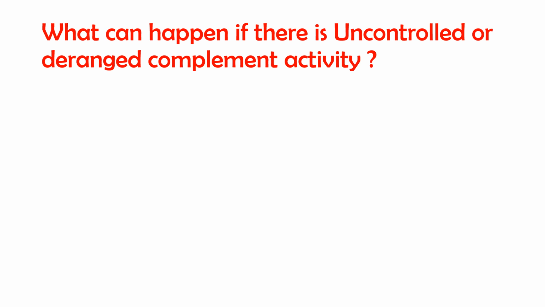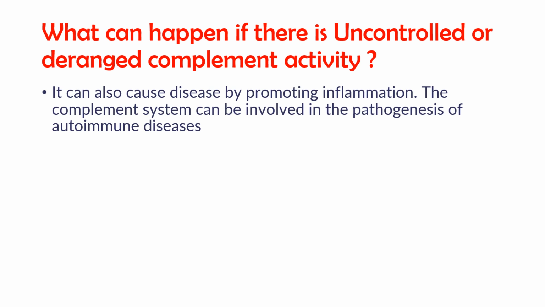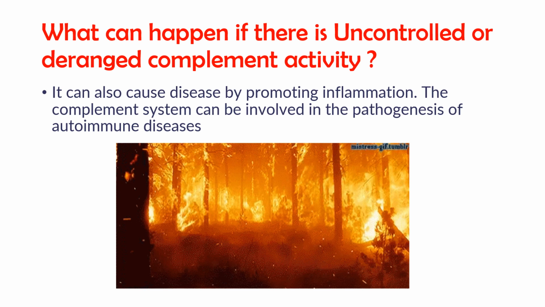So what could happen if there is uncontrolled activity by the complement system? It can be a serious condition because, since it is promoting inflammation and in fact enhancing that, it can result in pathogenesis of various autoimmune disorders, and the reaction can spread just like a forest fire. It can be amplified and cause massive tissue destruction as such.